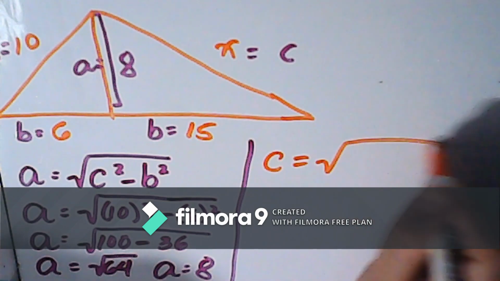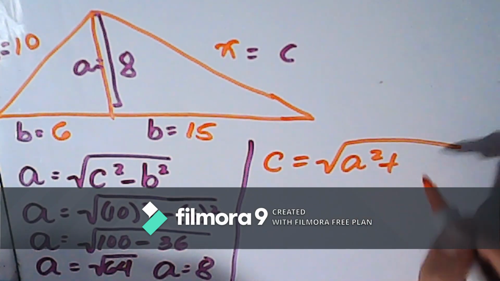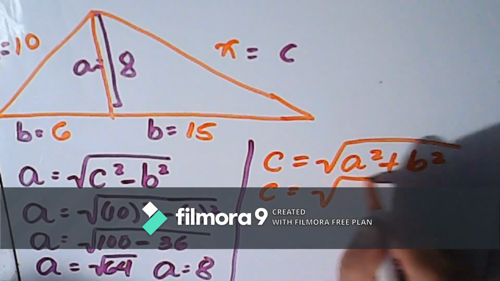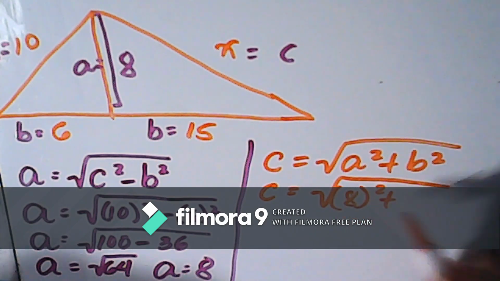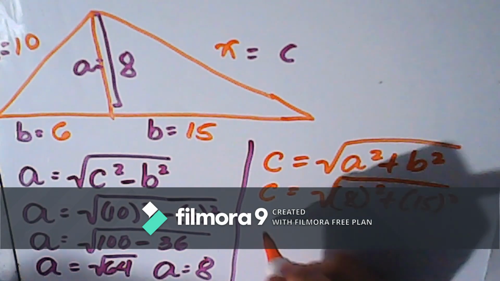C is equal to the square root of A squared plus B squared. C is equal to the square root of 8 squared plus 15 squared.